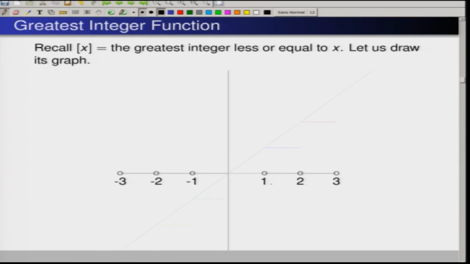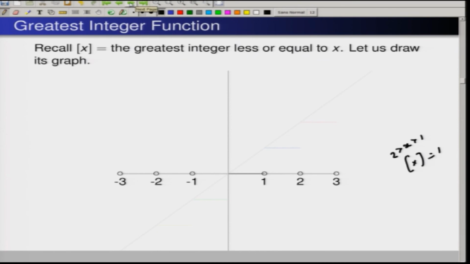Now, I have 1, 2, 3 and on this side negative 1, negative 2, negative 3. If you look at x between 0 and 1, the value it is going to take is 0. If x is greater than or equal to 1 and less than 2, then the bracket x is going to be equal to 1.